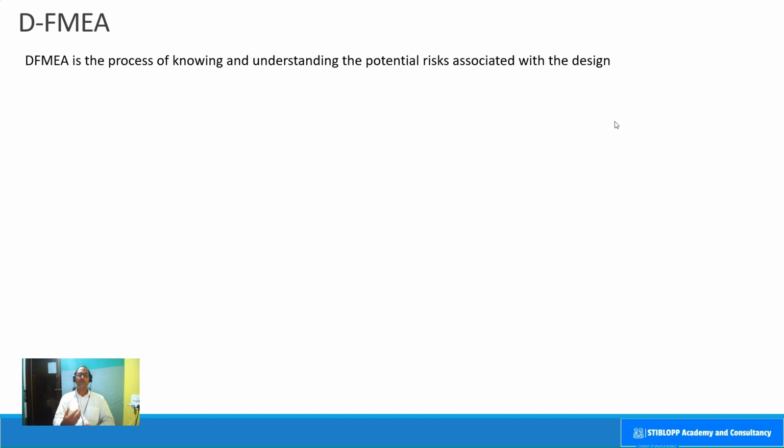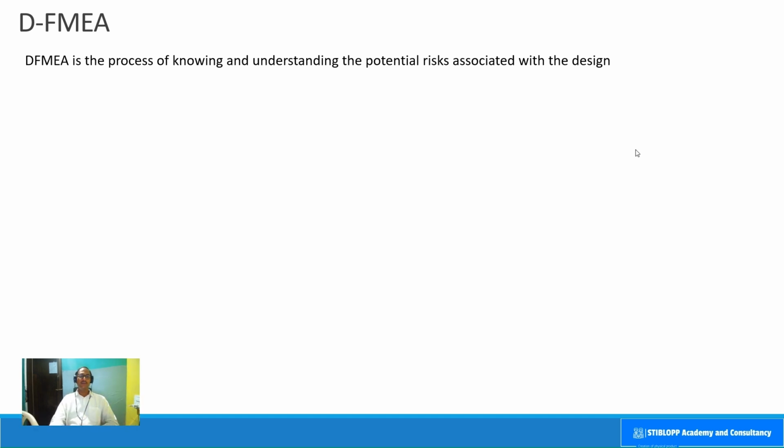If we want to know the potential risks associated with the design at the early phase, we have to do the DFMEA. Once we get to know these risks earlier itself, we can frame our risk mitigation plan as per the risks associated with the design.